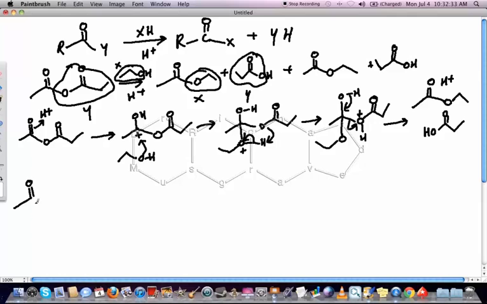You'll see the mechanism is pretty much the same. So now the H plus will attack here. Now remember, this is only occurring because we have an asymmetric anhydride and an asymmetric reagent in the alcohol.